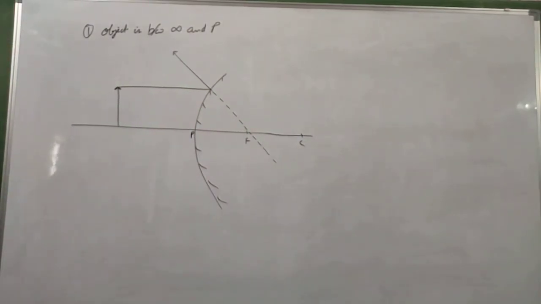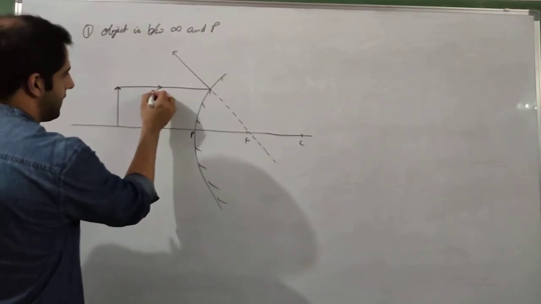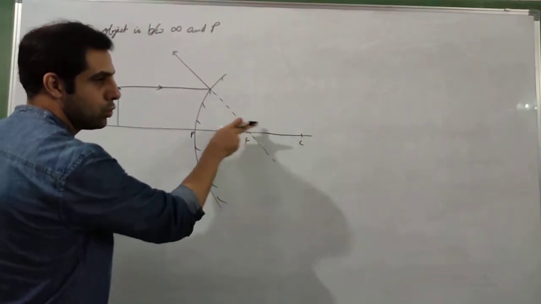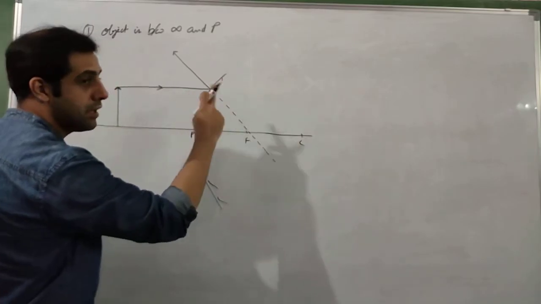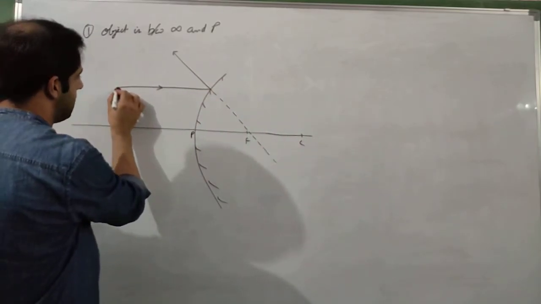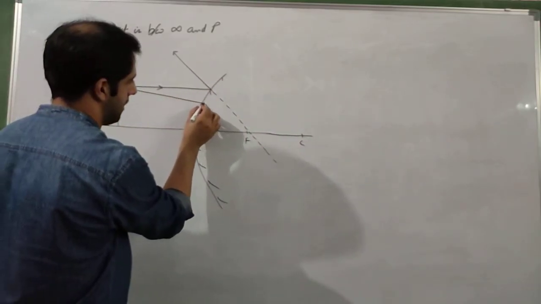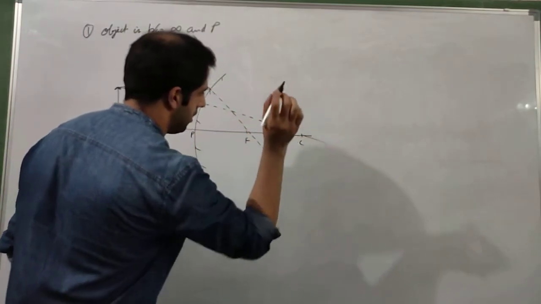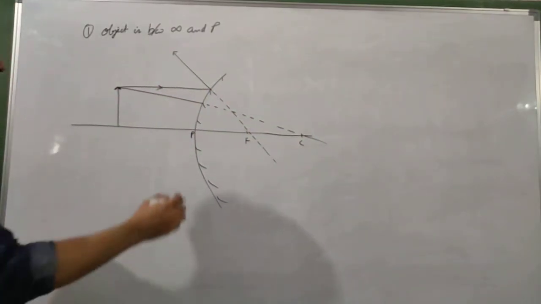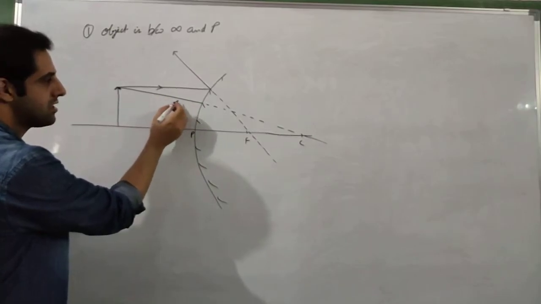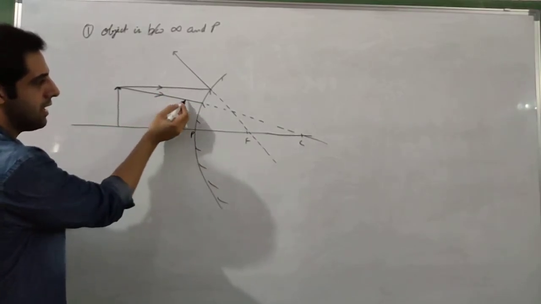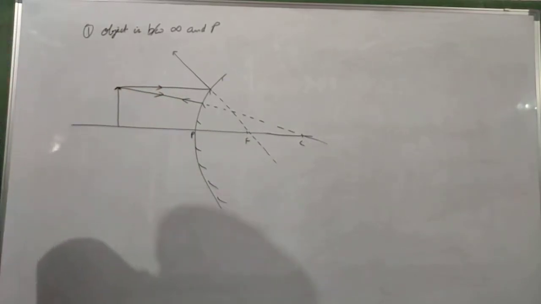The second ray will come at an angle which will go through the center of curvature if there were no mirror in the way. So the second ray will be like this, and it would go through the center of curvature. What happens to this ray? The incident ray and reflected ray are on the same path.